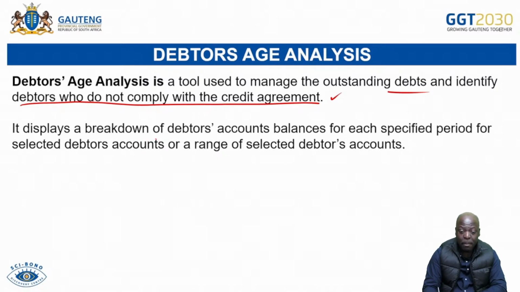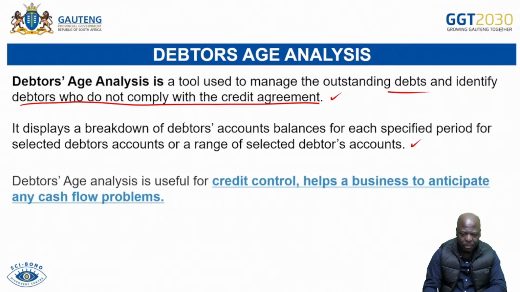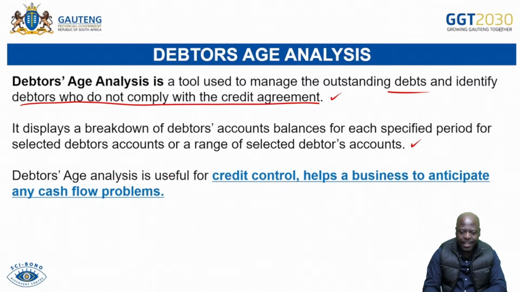It displays a breakdown of debtors' account balances for each specified period for selected debtors' accounts or a range of selected debtors' accounts. The debtors' age analysis is useful for credit control, and helps a business to anticipate any future cash flow problems.